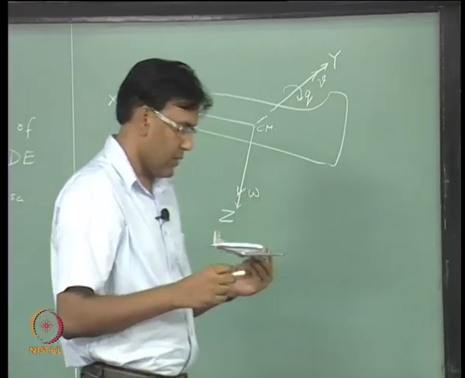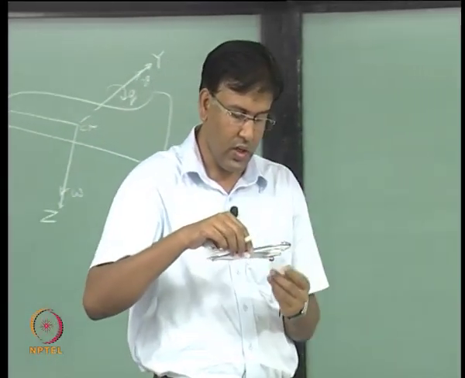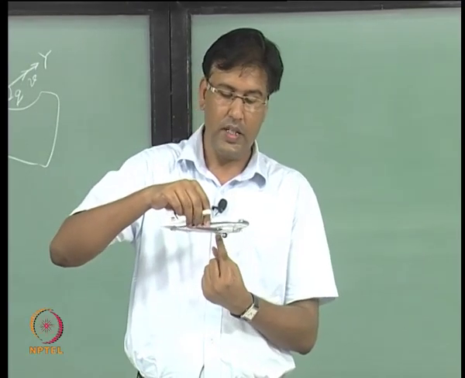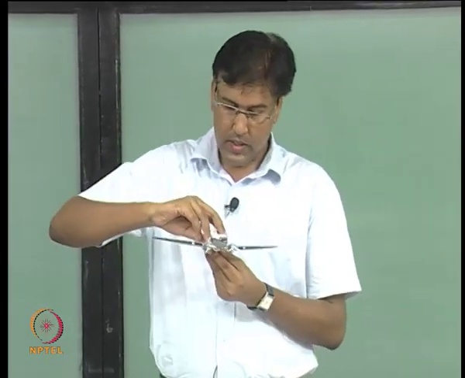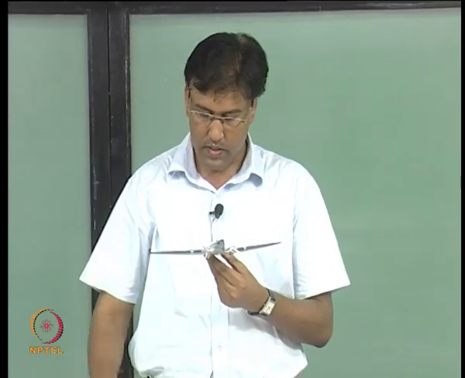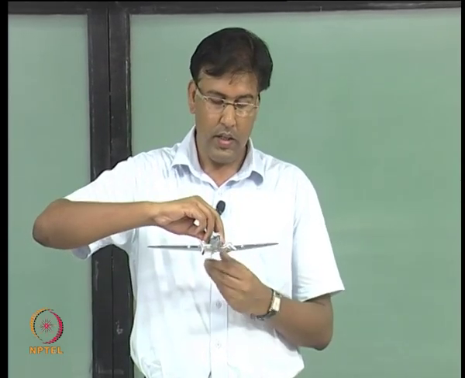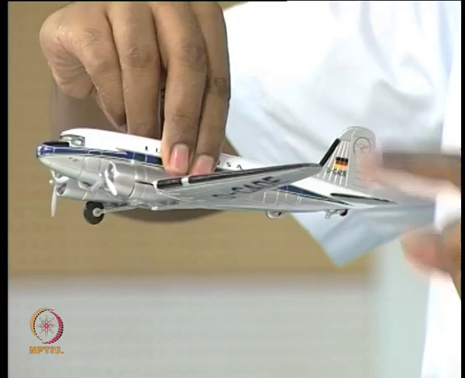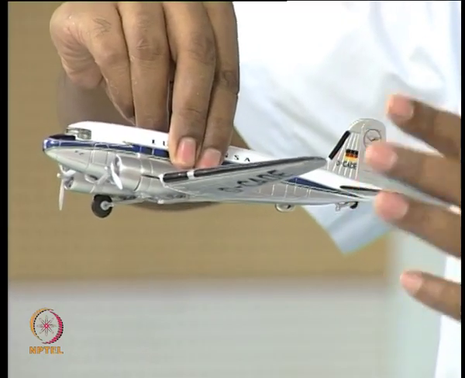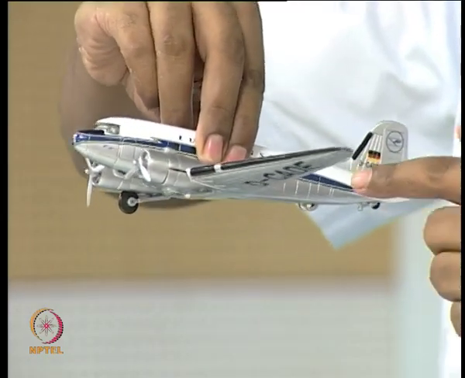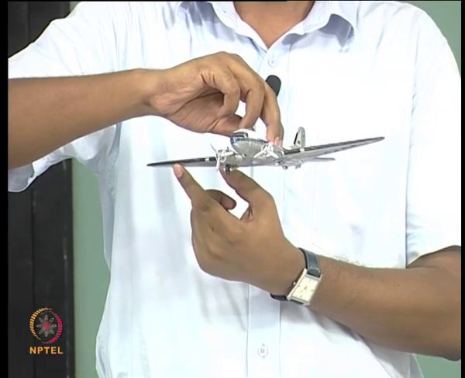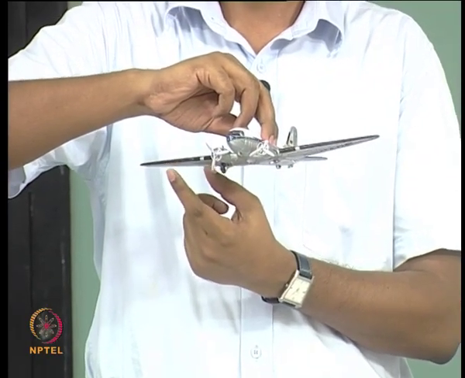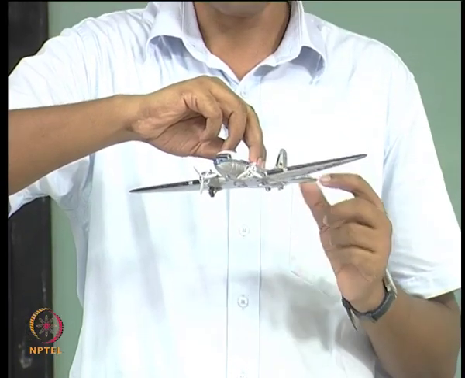The other motion is the rotational motion about the z axis of aircraft, and this motion is called yaw. So, the wing to the left of me is going forward, and this wing to my right is coming towards me.